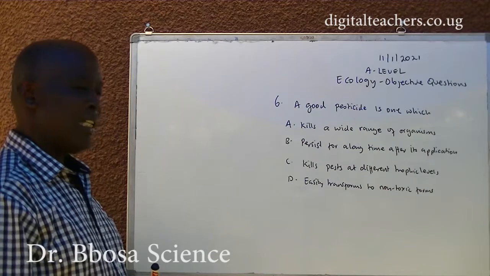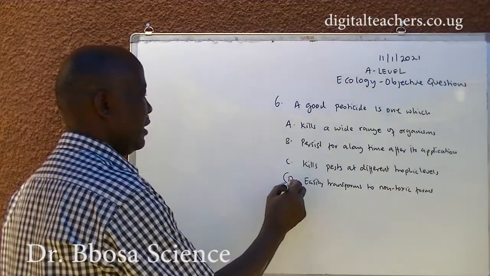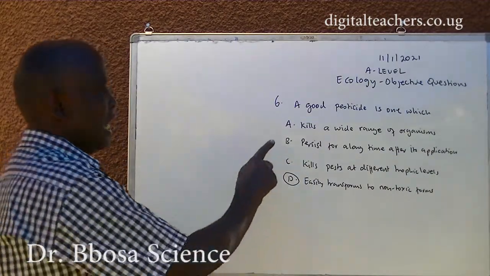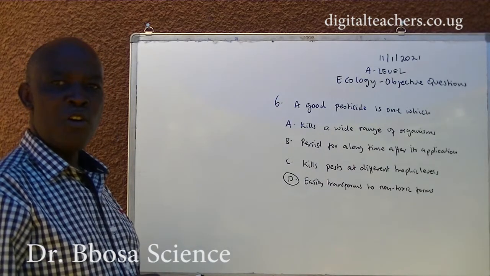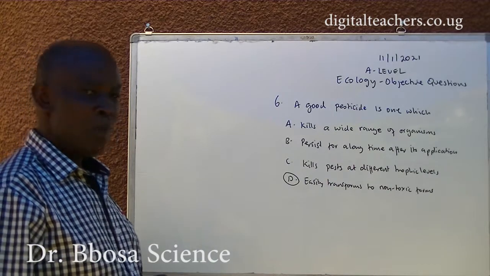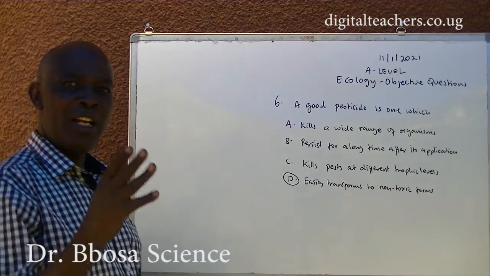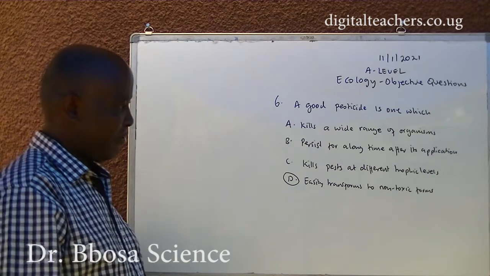You can pause and answer. The answer is D. We don't want a pesticide which is non-specific or which persists for a long period, because it can accumulate in organisms at high trophic levels, causing their death.